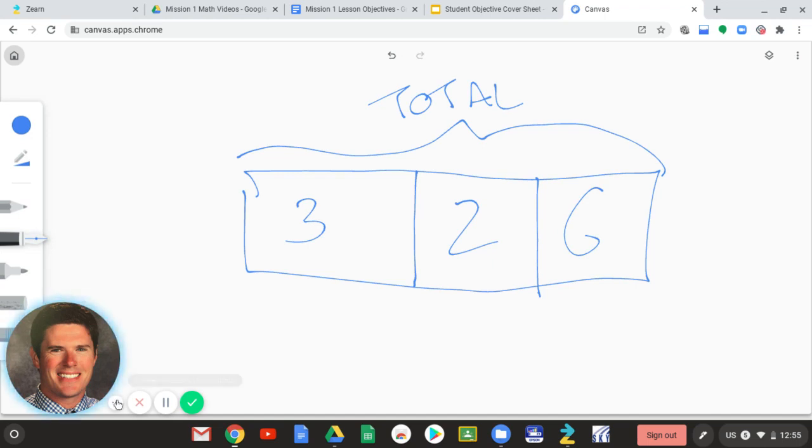Well, you can see here that we have 3 pieces, and then the total is what we're trying to find. So we'd find the total by just adding up our 3 pieces. 3 plus 2 is 5. 6 would be 11. So in this case, this is a simple example. That's what that would look like.